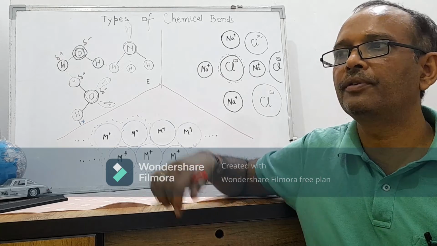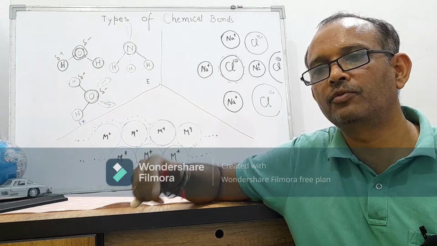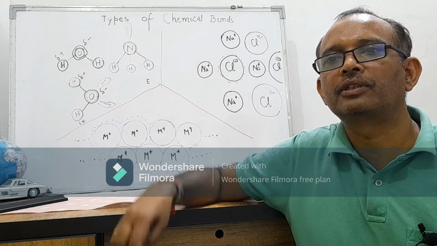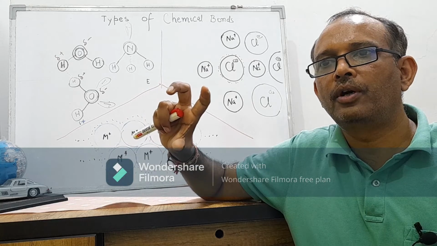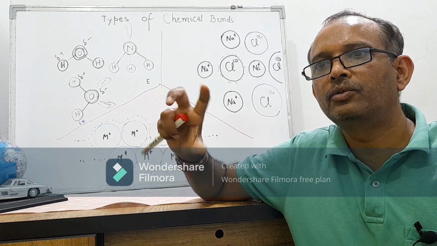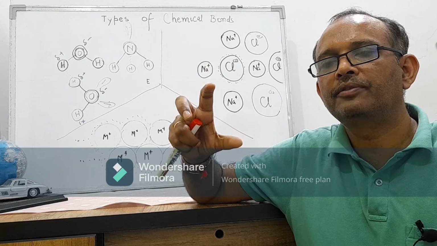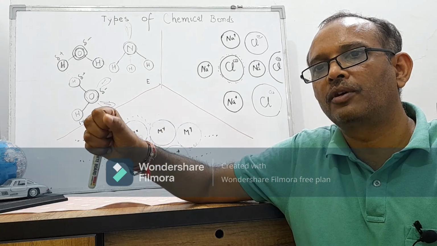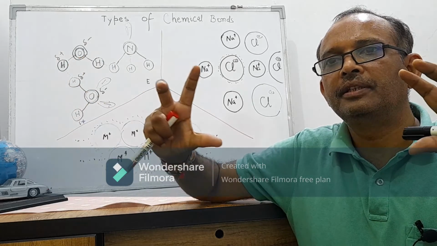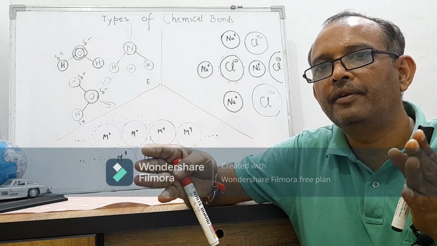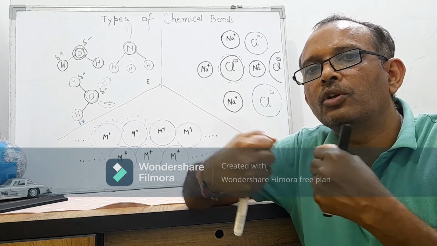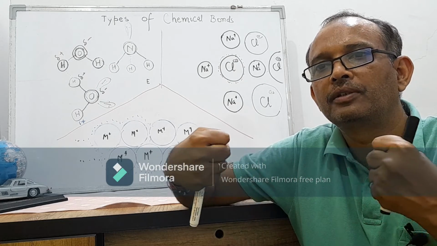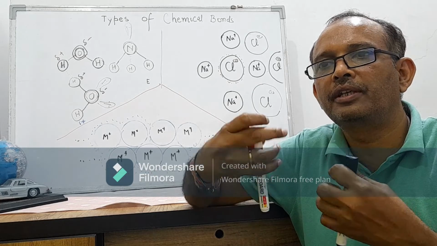Basically, every atom has a nucleus with positive charge and a cloud of electrons surrounding it. When two atoms come together, the negative electron cloud of one atom attracts the positive nucleus of the other atom, and they try to come together. When they try to come too close to each other, nuclear repulsion starts predominating, so they remain at a certain distance called the internuclear distance.